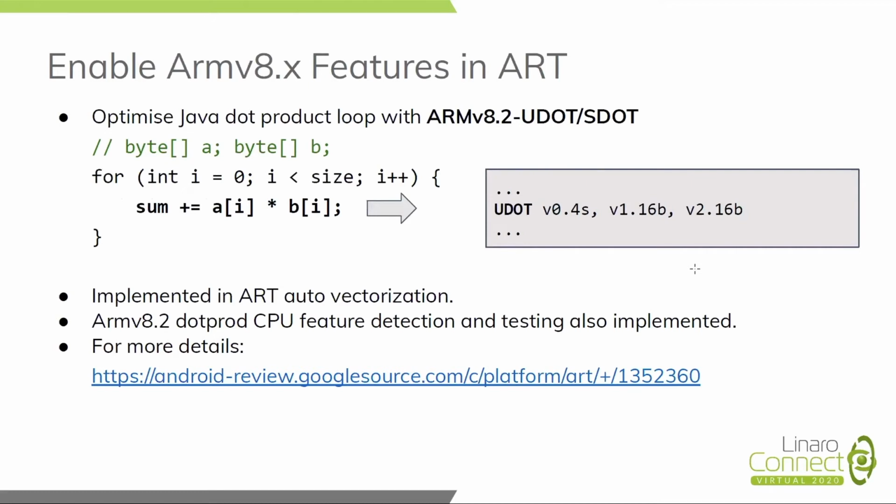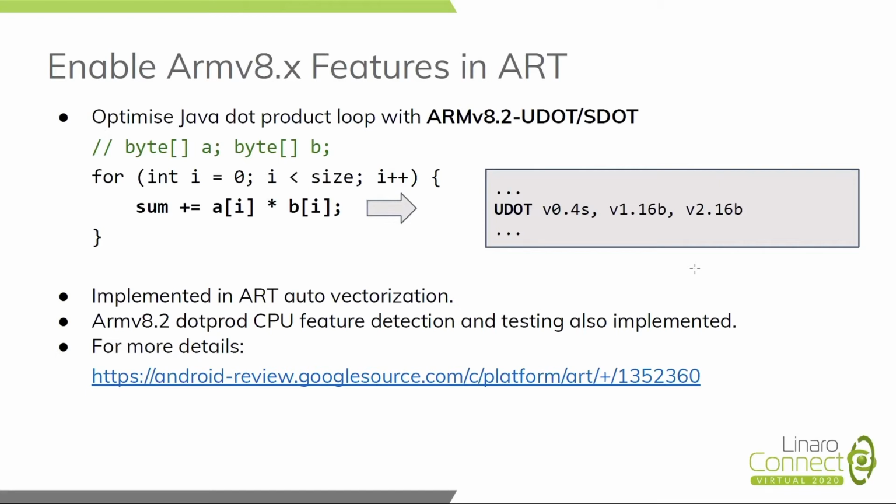The next example I want to show is the dot product instructions. I think nowadays the dot product computation pattern is more and more common in many workloads, especially in machine learning workloads. As you can see on this slide, this is a dot product computation implemented in Java.